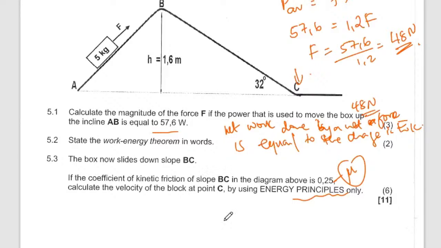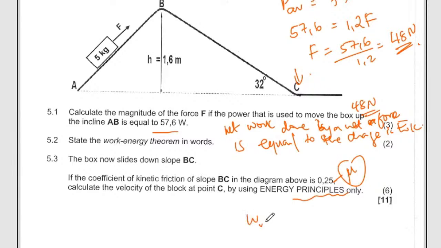Okay, so saying the net work, W net, is equal to the change in kinetic energy plus the change in potential energy. We know that our work done is given as F times the displacement, let's say delta x, times cos theta, because that will be the work done by the friction force.